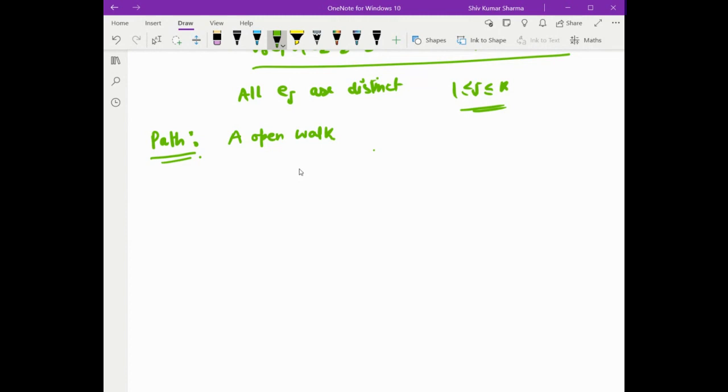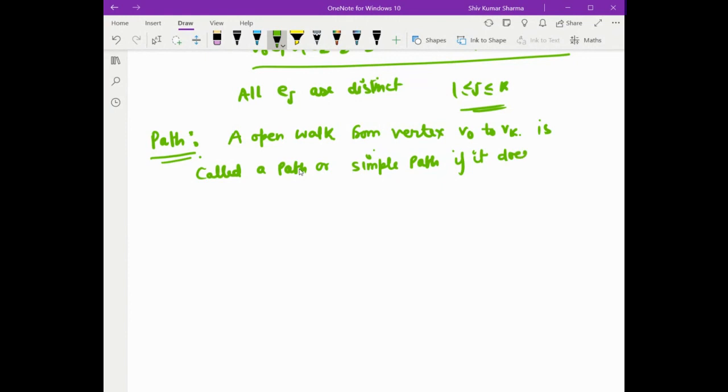So a path is an open walk from vertex V0 to vertex Vk, called a path or simple path if it does not contain a repeated vertex.